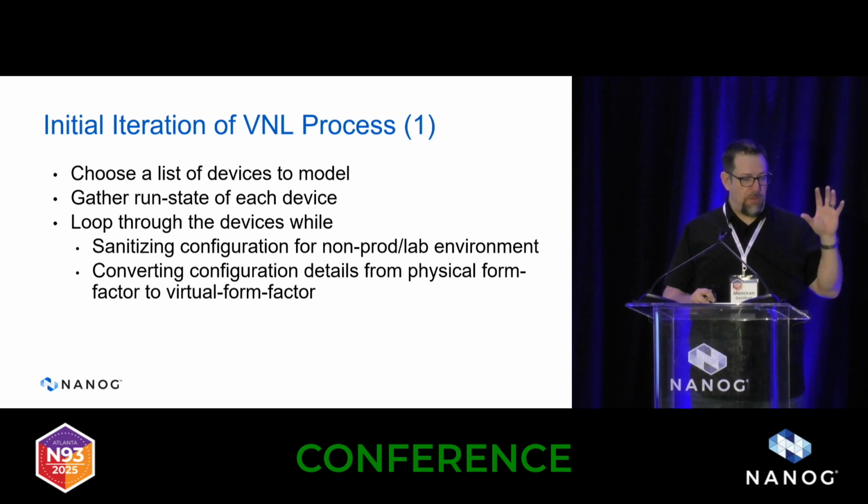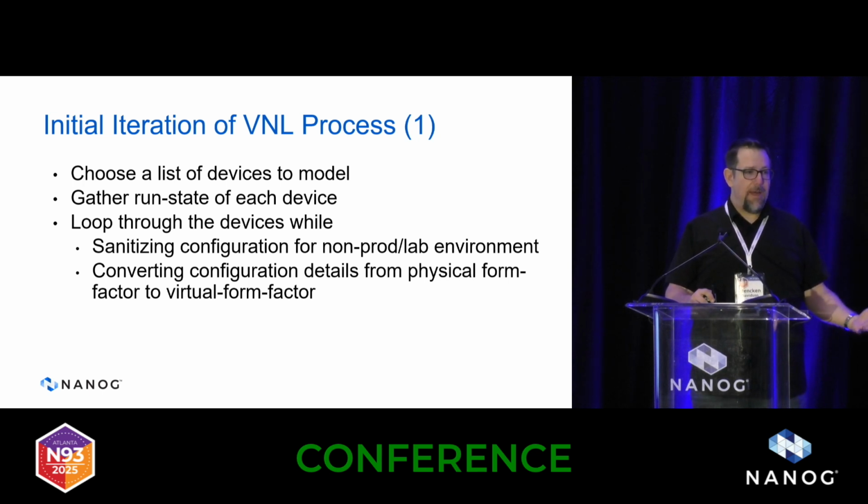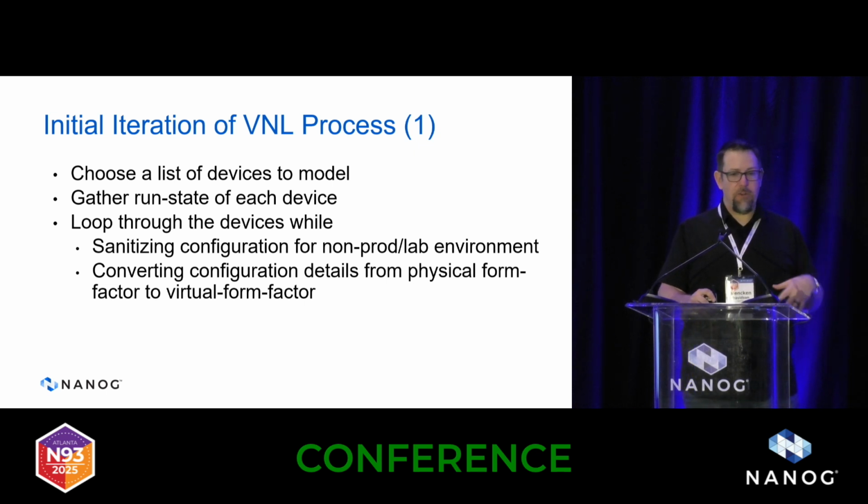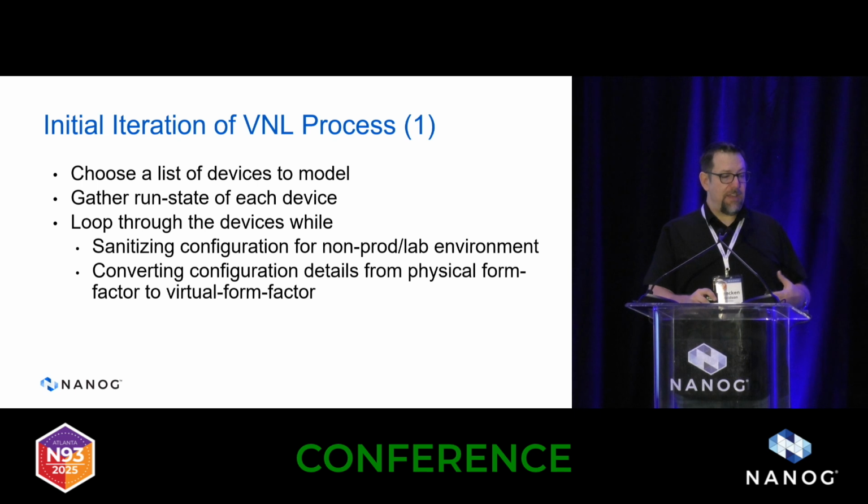So what that looked like for us was I sat down with the engineering team, and we came up with an initial iteration of what our virtual network lab process looks like. High level: choose the list of devices, gather the run state from each device, then loop through the list of all our devices and sanitize the configurations.